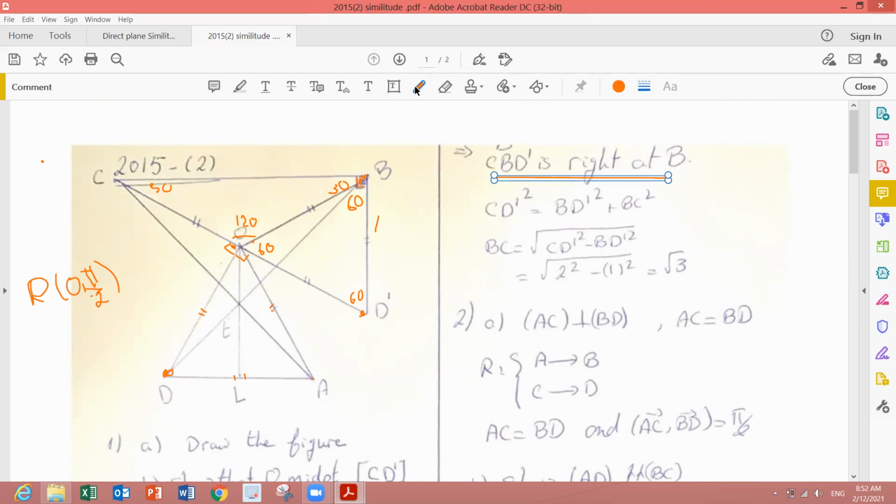By Pythagoras, we get CD prime squared equals BD prime squared plus BC squared. So BC equals radical of CD prime, which is 2, squared minus 1 squared, equals radical 3.